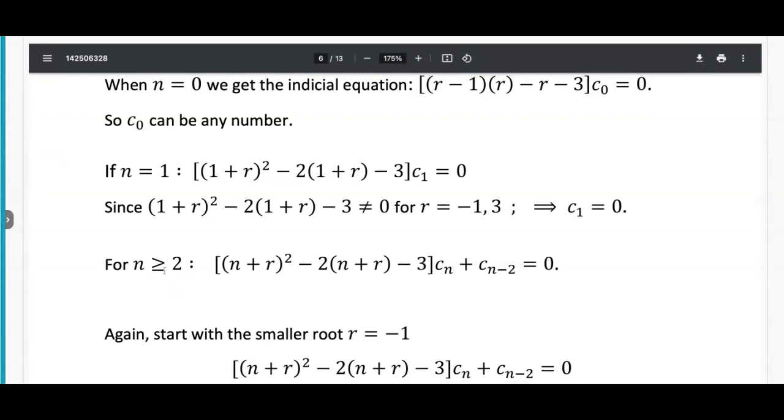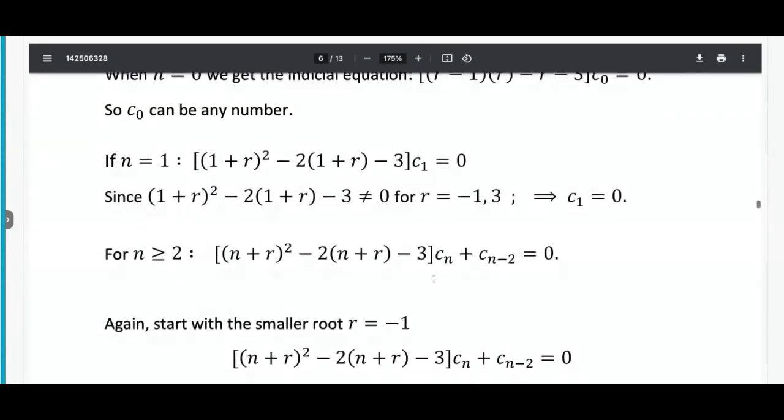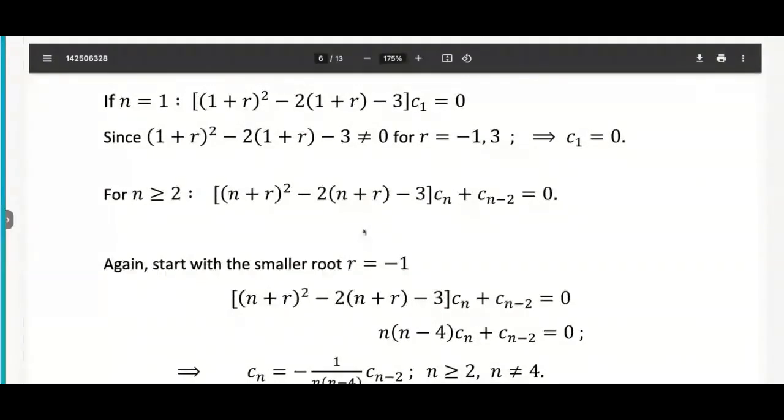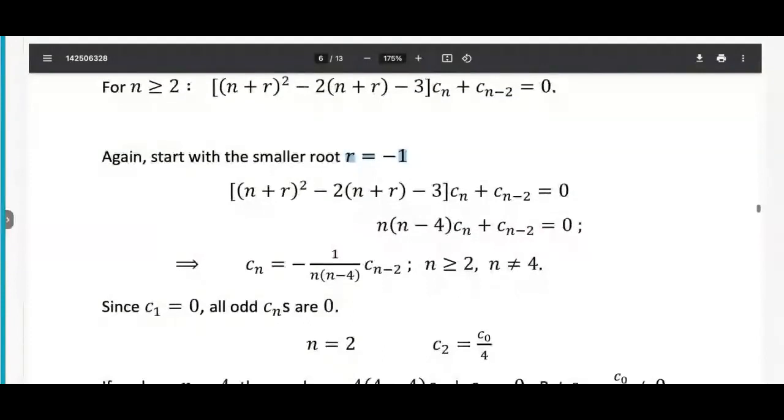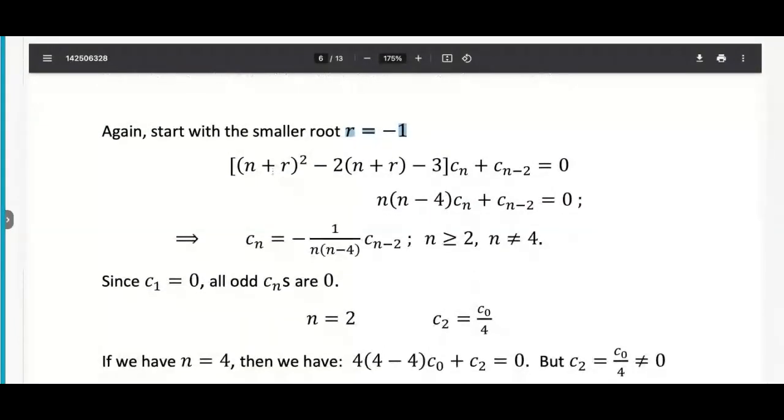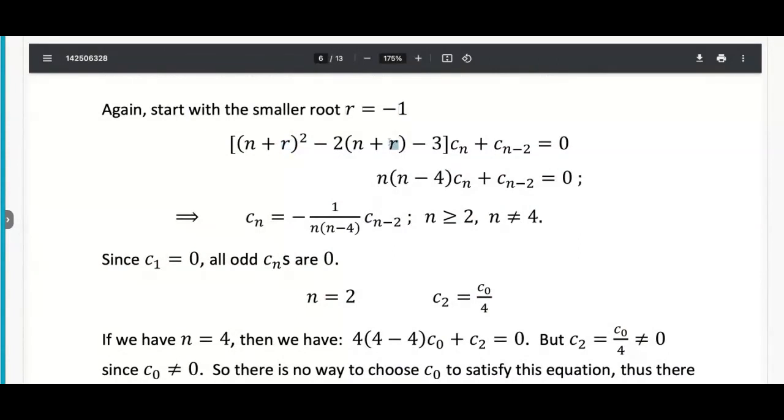For n starting from 2, we're supposed to find a relation between Cn and Cn minus 2. So let's check with root -1. We just plug in -1, and this simplifies to be this.